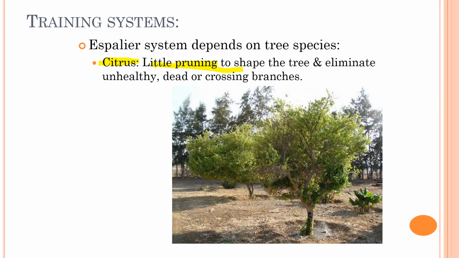You only remove the unhealthy, the dead, the diseased, the crossing branches, and you maintain the citrus like we see here. This is all citrus, and so this is the system for citrus, whereas the other systems, trellis system, open center, modified leader, central leader, and spiral system, all good for berries, for grapes, for apples, for pear, for apricots, and so on.